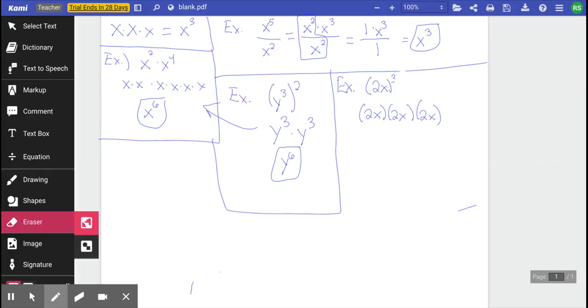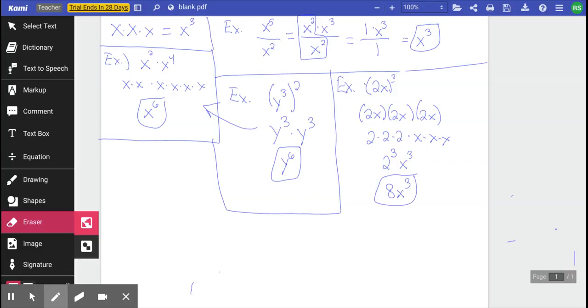Order of multiplication does not matter. I feel like I'm a broken record for saying that. It doesn't. So we're going to reorganize that. We have 2 times 2 times 2 times x times x times x, which gives us 2 to the third, x to the third. 2 to the third is 8, and x cubed is x cubed.